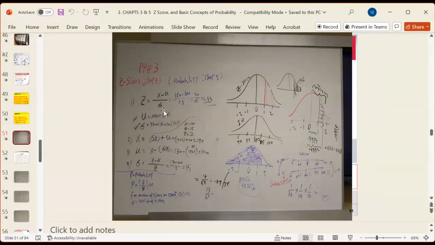It's the same, except on top, X is a score for one person, but for the sample it will be M, the sample mean, minus the population mean, divided by the standard error of the mean. So we talked about that. What is the standard error of the mean?